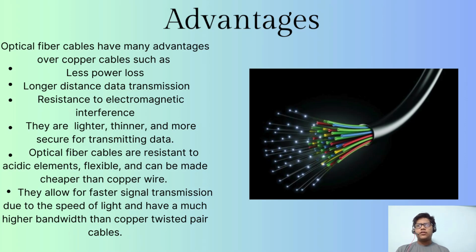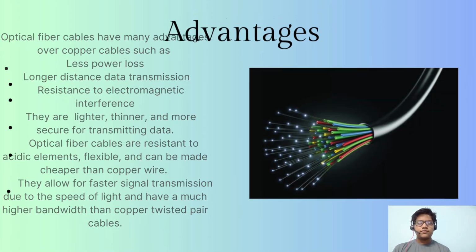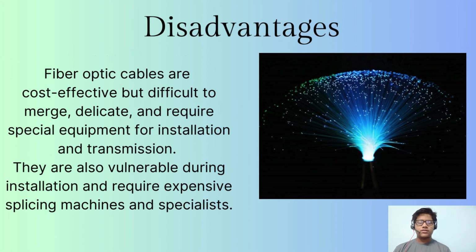They are cheaper than copper wires, and they transmit data at a much faster rate compared to copper cables. Now let's understand some disadvantages of optical fiber. Optical fibers are cost efficient but difficult to join, and special equipment is required for installation and transmission of data. They are also vulnerable during installation and require expensive splicing machines and specialists.